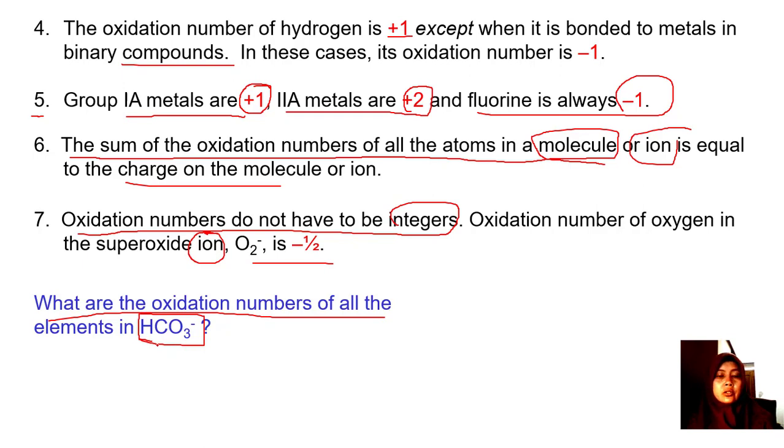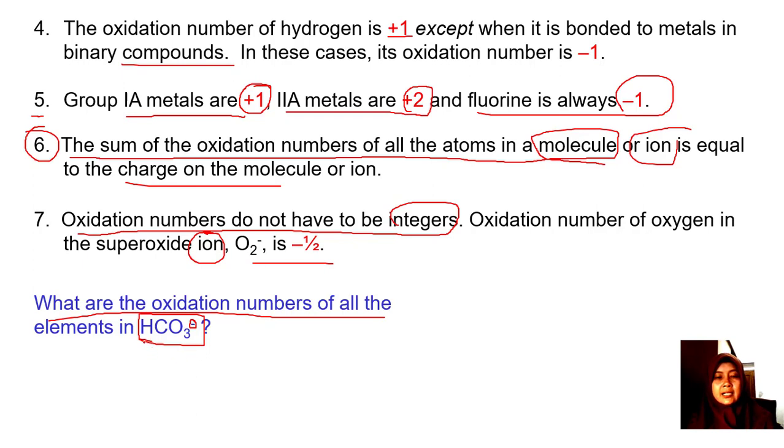Is it a molecule or an ion? Exactly. Because it has the symbol - here, it must be an ion, in which we revert to rule number 6, that the sum of oxidation numbers is equal to the charge of the ion.